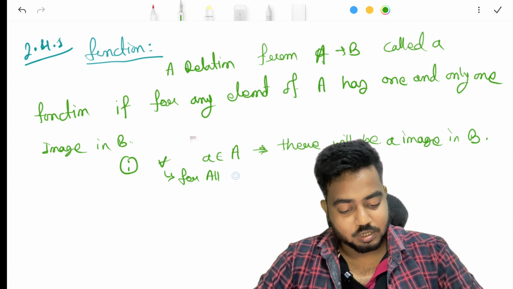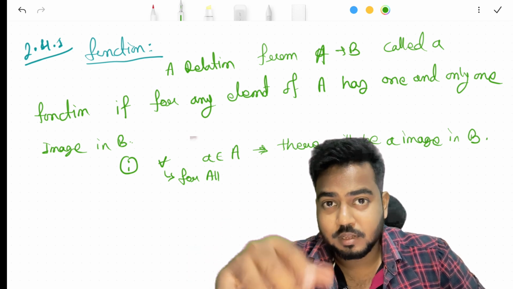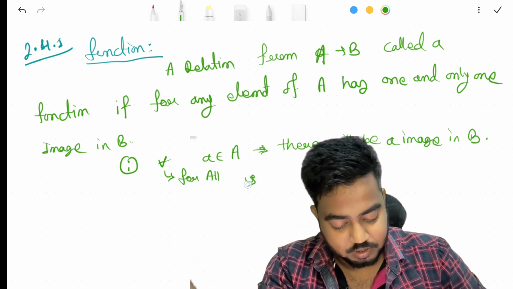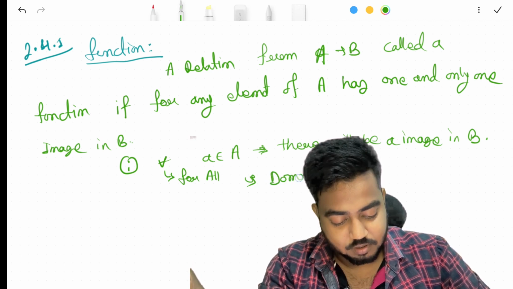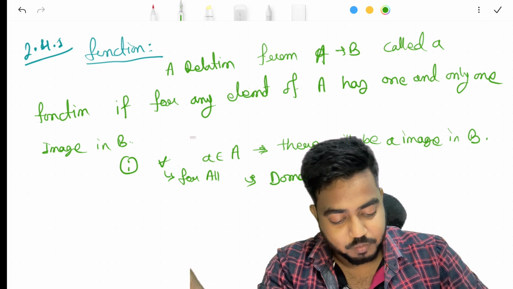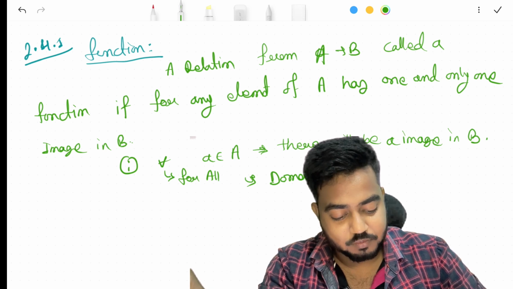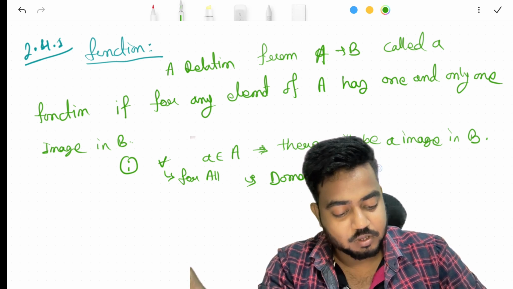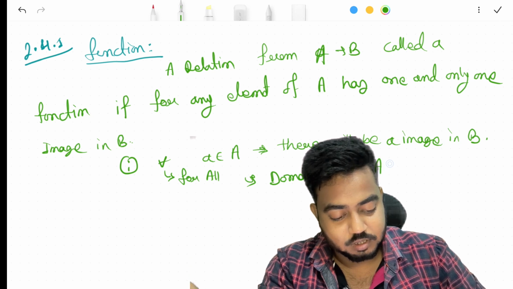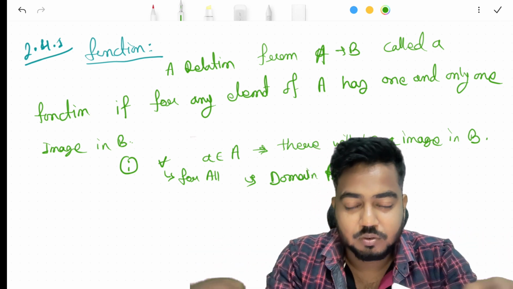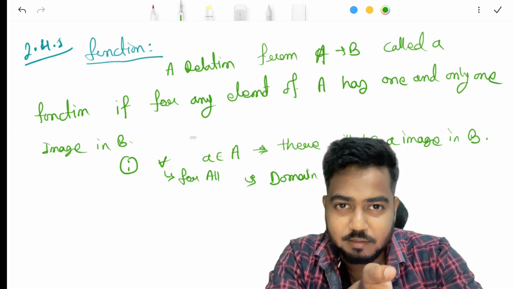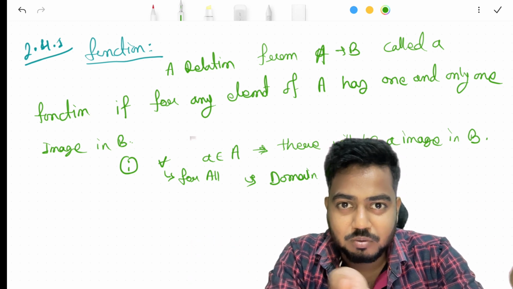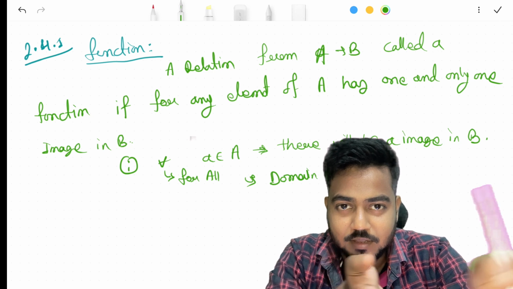If you remember the previous module, the domain of this relation R will be A in total. Domain is all the first elements. All the first elements will have an image.